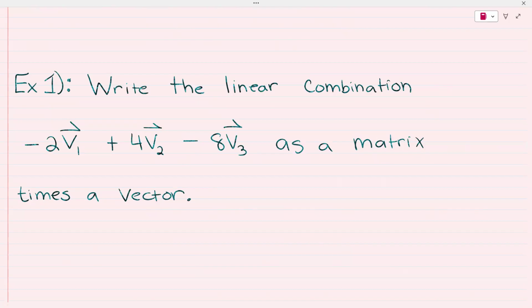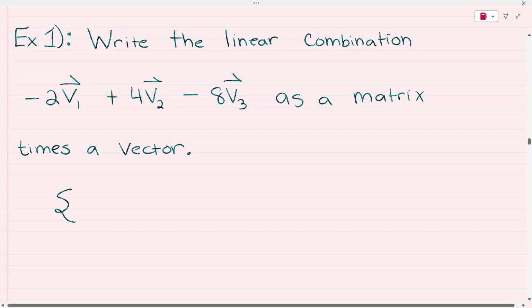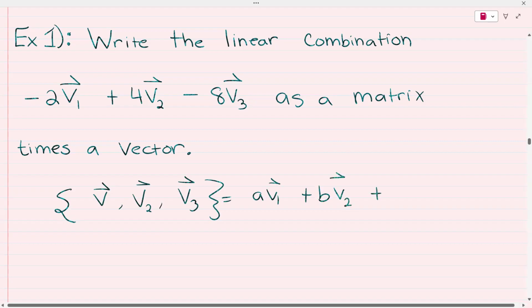We would write it out like this: vector one, vector two, vector three, equals b1.